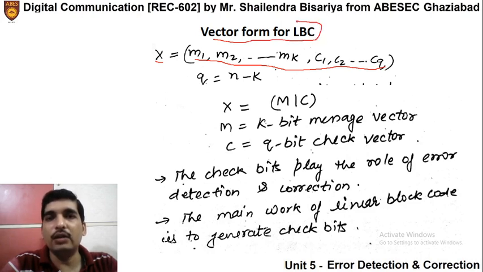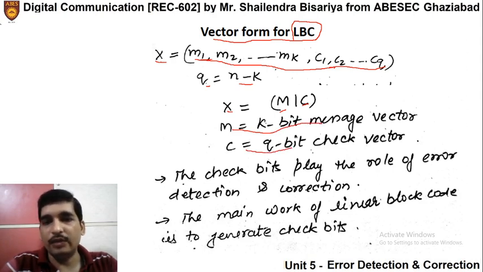LBC stands for linear block code. Here we know that q is equal to n minus k. In vector form we can say that the x vector is equal to the m vector followed by the c vector, where M is the k bit message vector and C is the q bit check vector. This is much simpler; we can directly represent it like this.